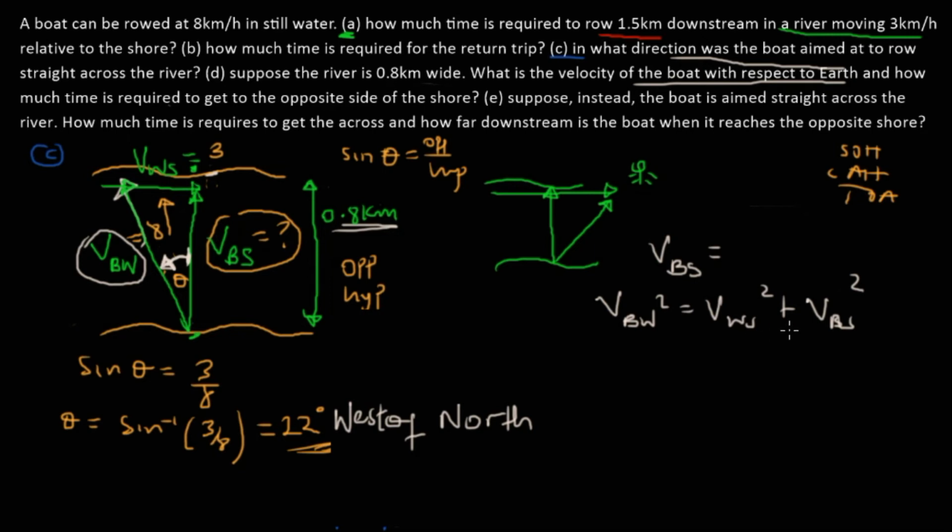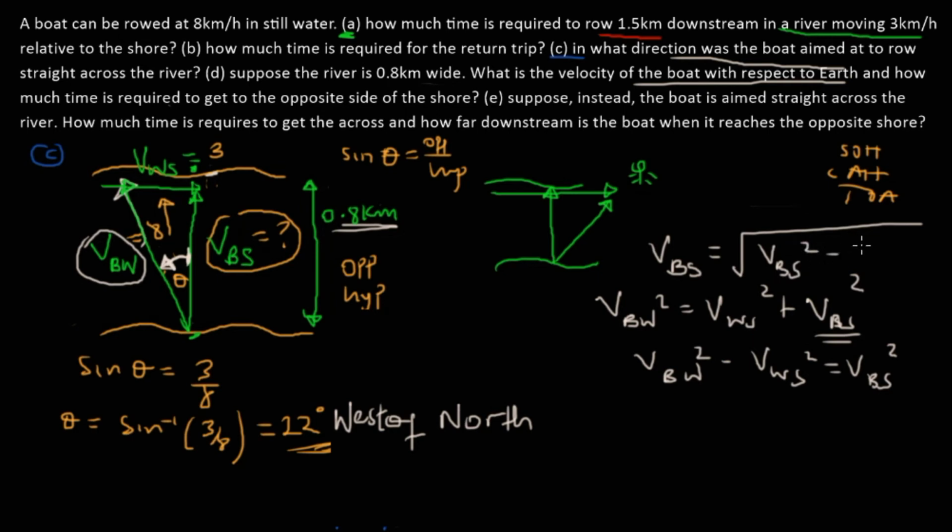So we can make VBS the subject: VBW squared minus VWS squared is equal to VBS squared. So VBS is the root of VBW squared minus VWS squared.